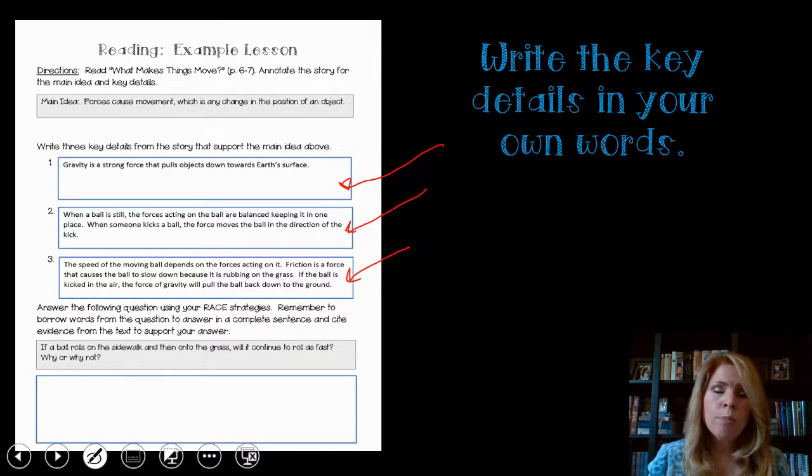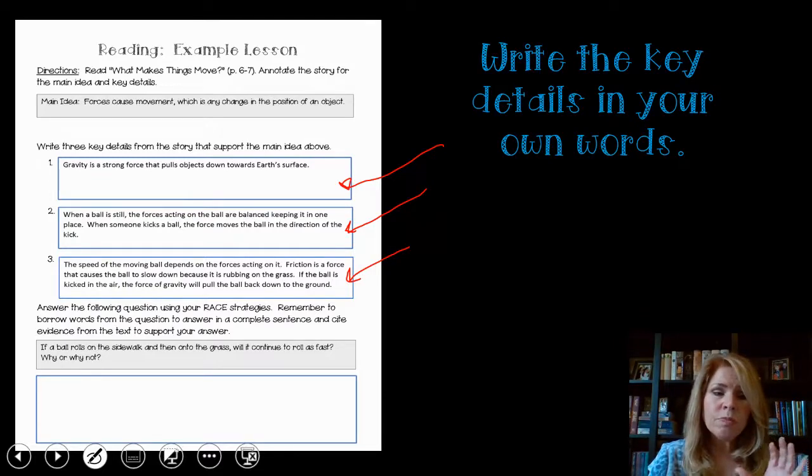Number 2, when a ball is still, the forces are keeping it in one spot. When someone kicks the ball, the force moves the ball in the direction that you kick it. And third, the speed of the moving ball depends on the forces acting on it. And friction is a force that causes the ball to slow down because it's rubbing on the grass. If the ball were kicked in the air, the gravity would bring it back down. So those were my key details I've put in my own words.